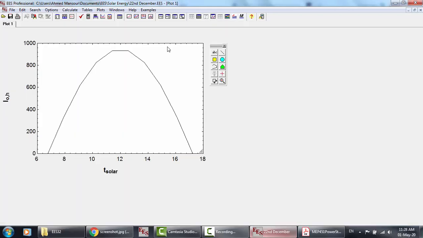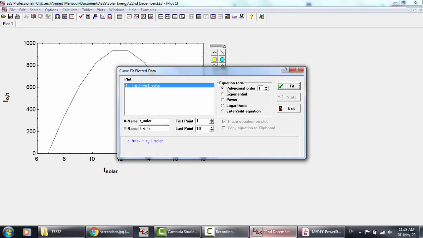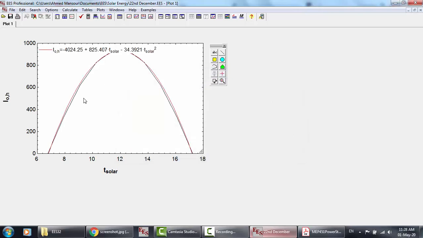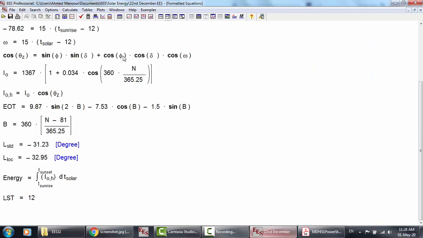So now what if I wanna get the equation? We're gonna use the curve fit, and this is a parabola, a polynomial, and so this is the equation that we can use to get the integral and compare the integral value that we get from this equation to the value that we got here.